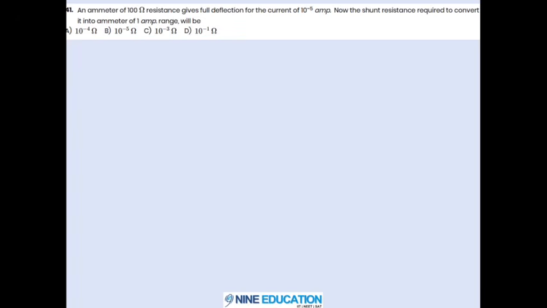So this is an ammeter. And the maximum current that can be accommodated through the ammeter is 10 to the power minus 5 ampere. Now you need to connect a shunt resistance in parallel. See, the meaning of shunt resistance is only that.